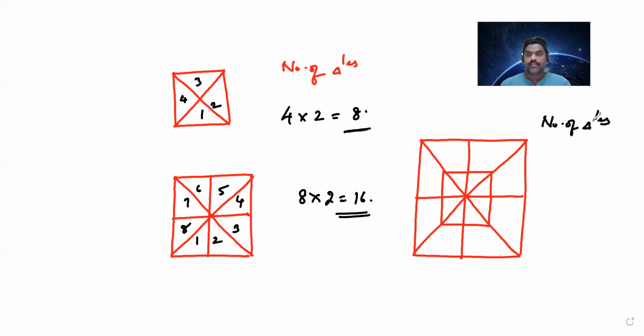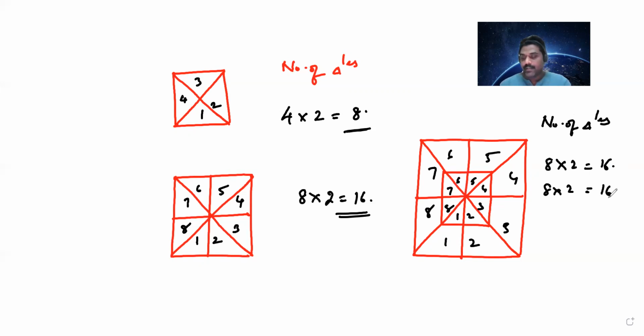How do you find it? Very simple. See, you have a square with 8 parts, so that is quite naturally 8 twos are 16. You have another square inside that having 8 parts, so again 8 twos are 16. So the total number of triangles would be 32. Right? It's very simple and very easy learning.